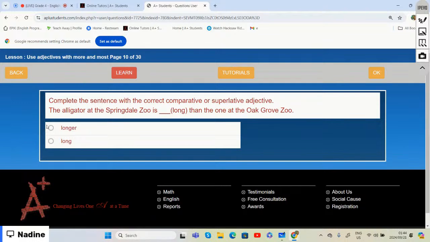It says the alligator at the Springdale Zoo is, do we say, longer than the one at the Oak Grove Zoo, or do we just say it is long? So the alligator at the Springdale Zoo is longer, or it is just long than the one at the Oak Grove Zoo.